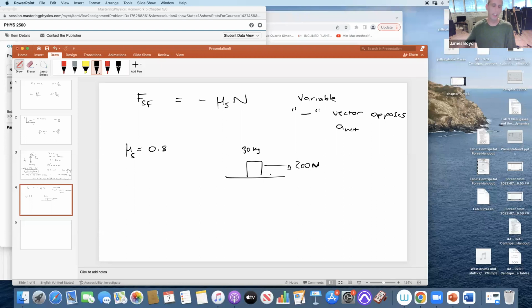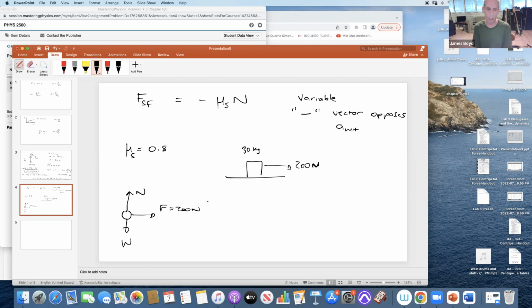Now, if we look at the free body diagram, everything that's on a surface has a normal force. Everything has a weight. There's a force of 200 newtons, and we're trying to move it in the X.